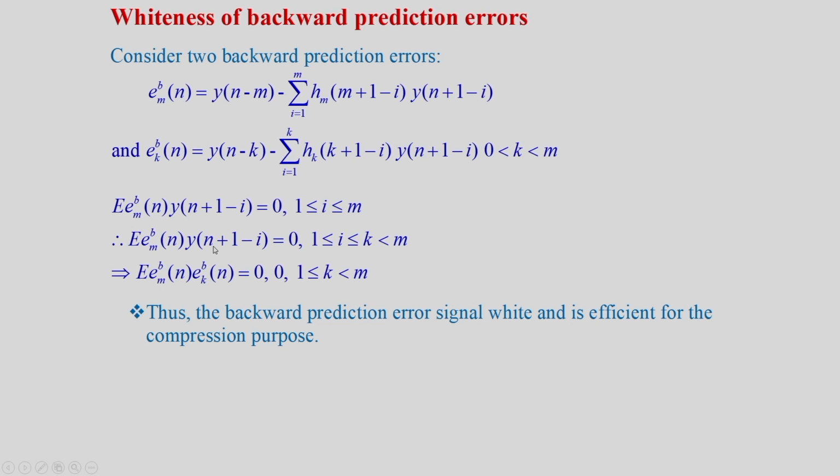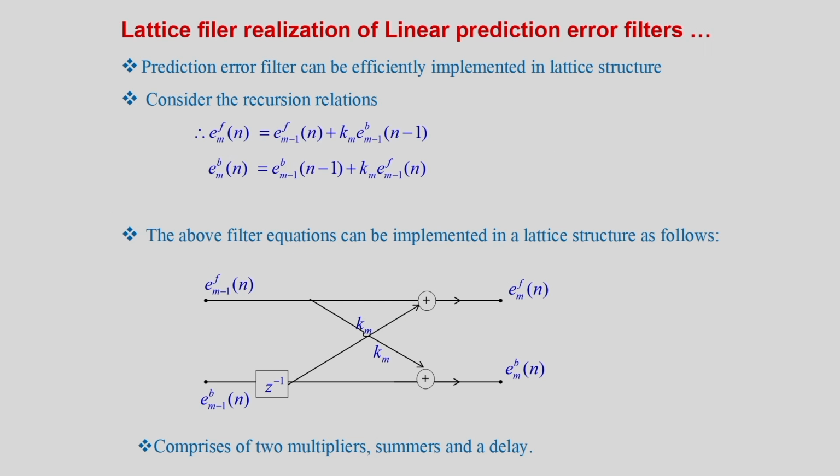Therefore, from this expression we get that EmB(n) will be orthogonal to EkB(n) for k lying between 1 and m, because EkB(n) is a linear combination of Yn+1-i with i lying between 1 and k. Therefore, the expected value of EmB(n) into EkB(n) will be equal to 0 for k lying between 1 and m. Thus, the backward prediction error signal is white and is efficient for compression purposes.